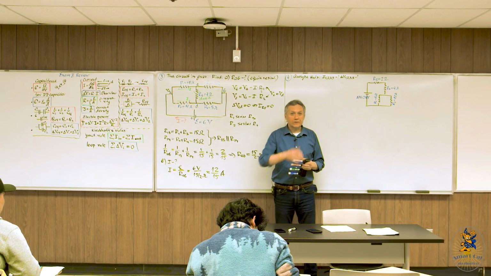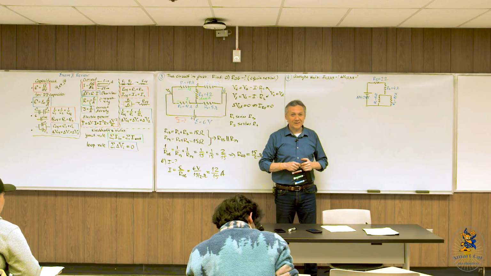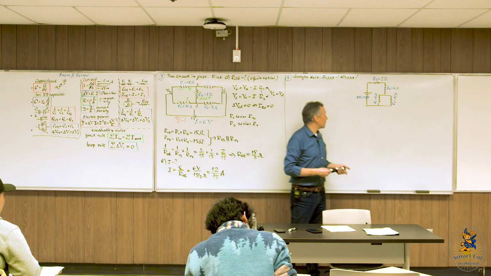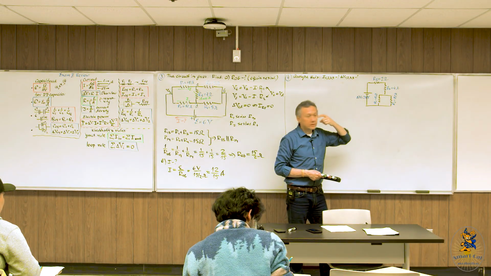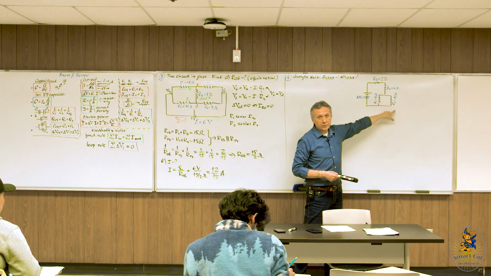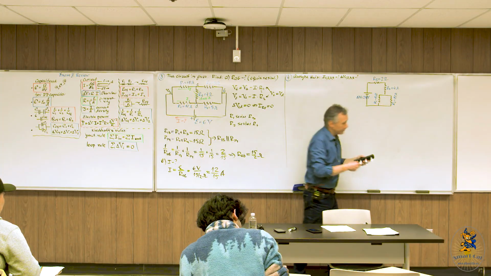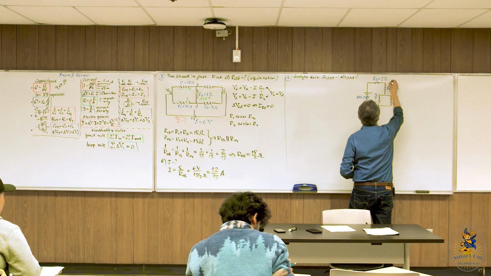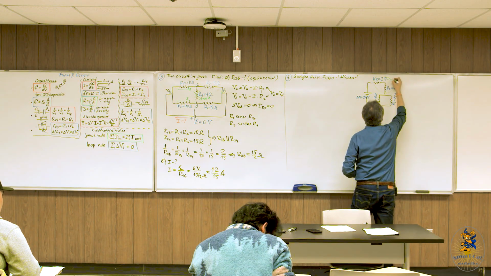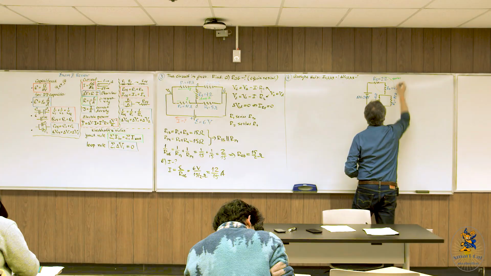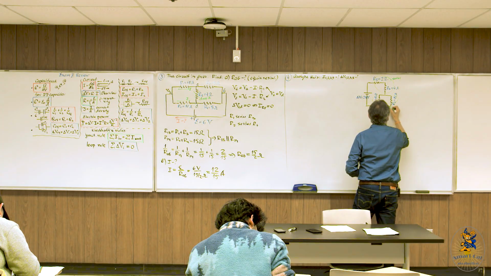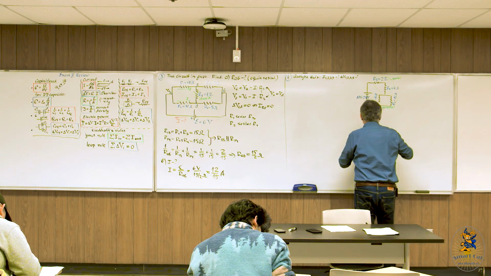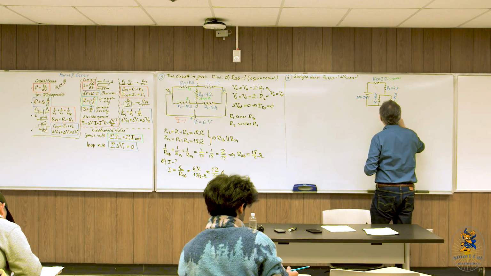So which resistors are in series or in parallel? R3 and R5 are in series, and at the same time R1 and R2 are in parallel. So let's do both of these steps at the same time. So these are in series, and these guys are in parallel. Okay, so let me redraw this circuit immediately.